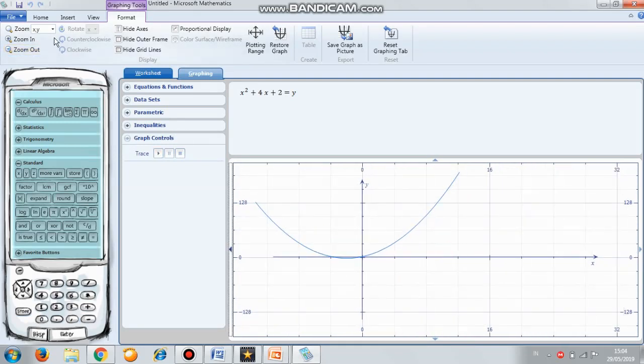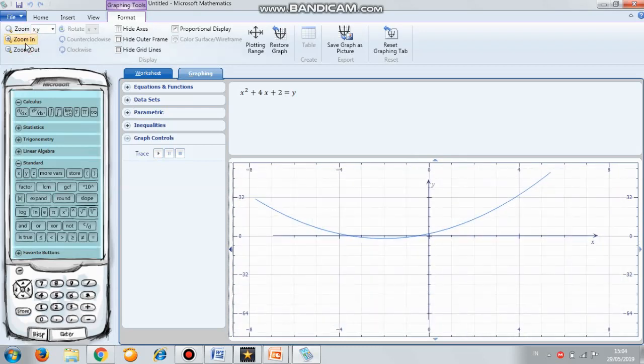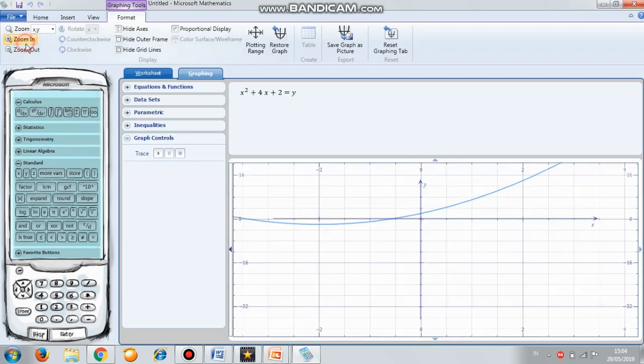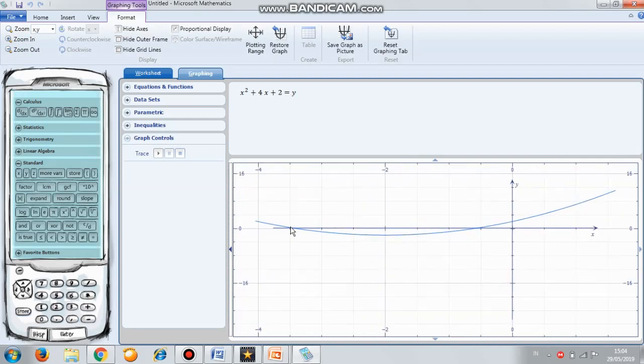If you look at this graph, it shows that the graph cuts the x-axis at 2 points. For proof, we can write the equation again, equal to 0. There are 2 points on the x-axis that match the equation of y.